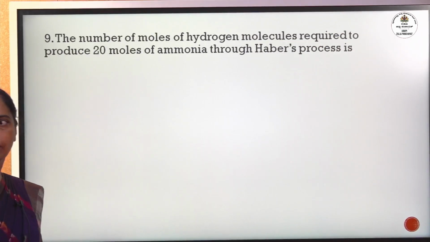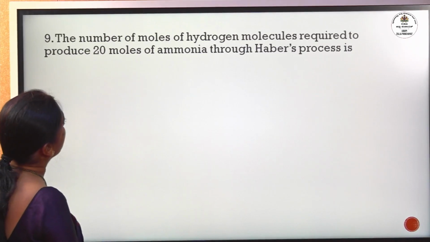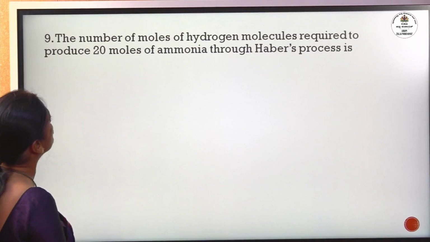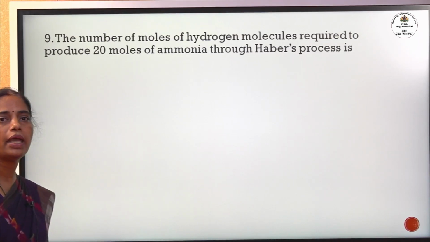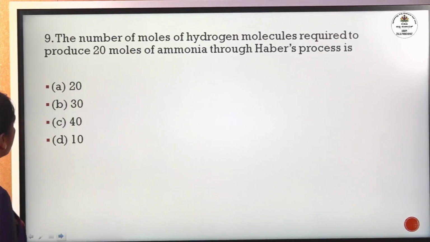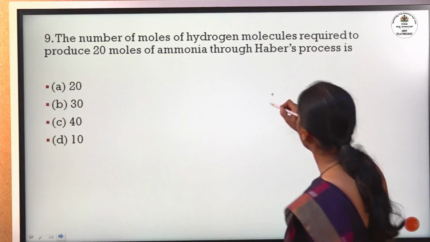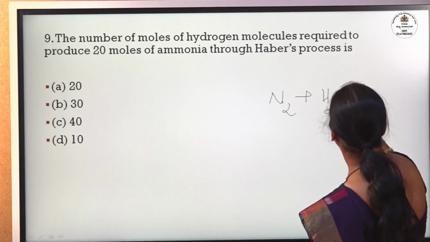Next question. The number of moles of hydrogen molecules required to produce 20 moles of ammonia through Haber's process is. Let's check the options. 20, 30, 40, 10 are given. Now, in Haber's process, the ammonia can be prepared like this.